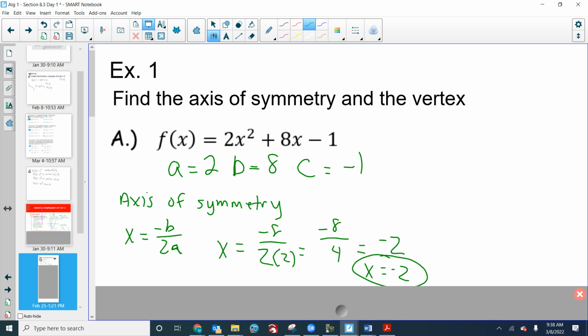The vertex is -2, and I don't know the y value. How can I get the y value of this vertex? What do you guys think? Let's think about it. You guys are highly educated.